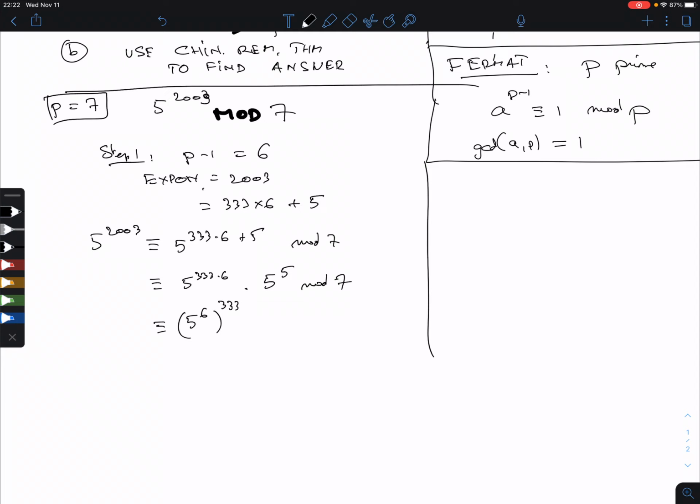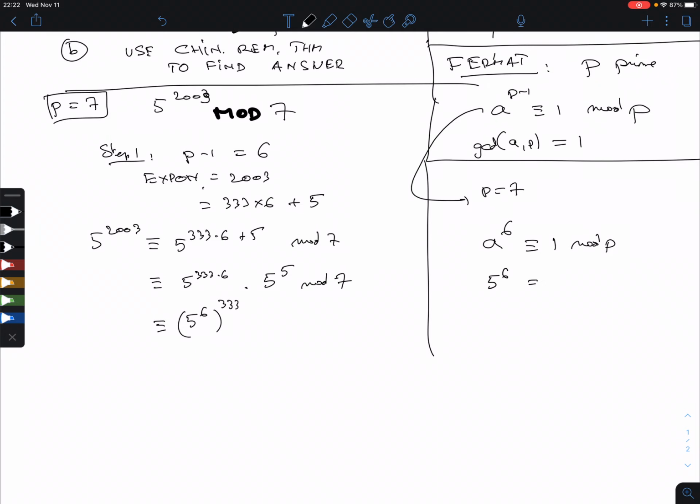A power of a power multiplies the powers, and I keep the 6 inside because Fermat's theorem for p equals 7 says that a to the power 6 is equivalent to 1 mod p for any a, except for 7, but in particular for 5. So 5 to the power 6 is equivalent to 1 mod 7.